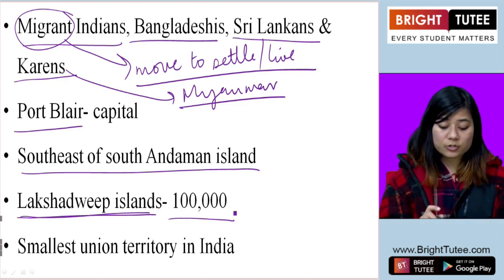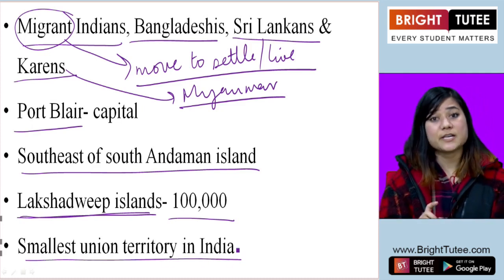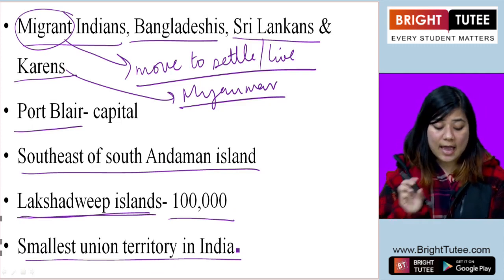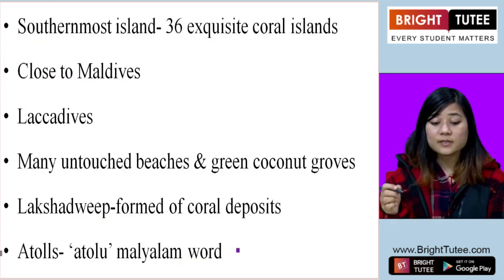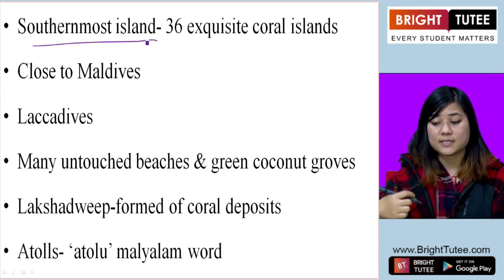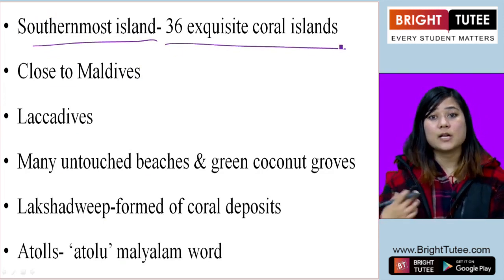Okay, Lakshadweep is the smallest union territory in India. India has many union territories, and Lakshadweep among them is the smallest. Now in Lakshadweep, the southernmost island has 36 exquisite coral islands.